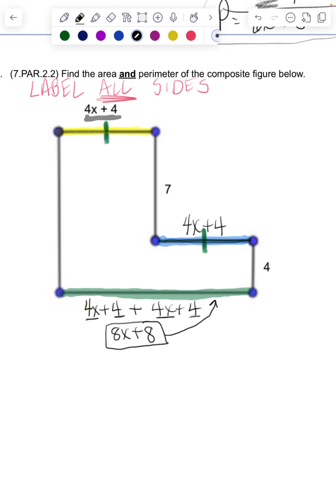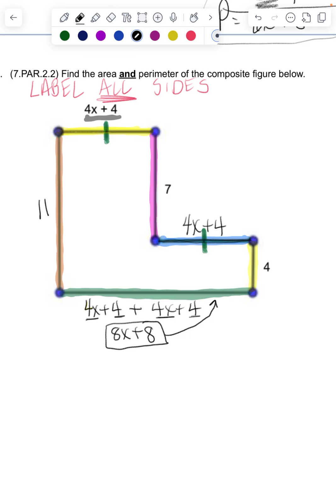And again, if I put this side with this side, I'm going to get this side. So 7 plus 4 is 11. Okay?